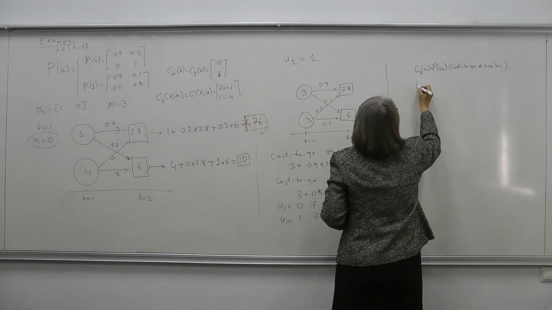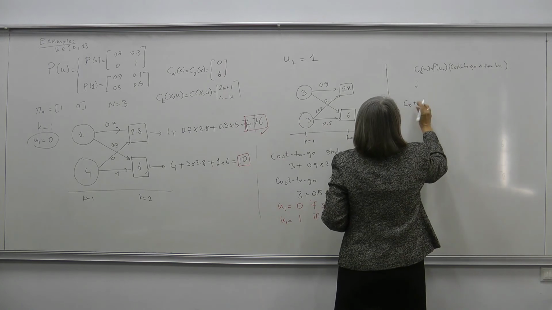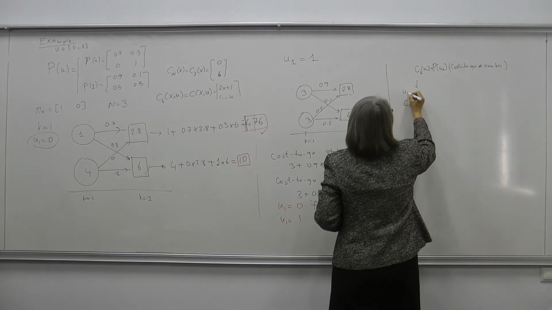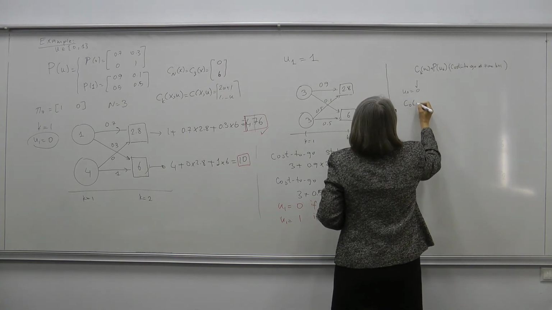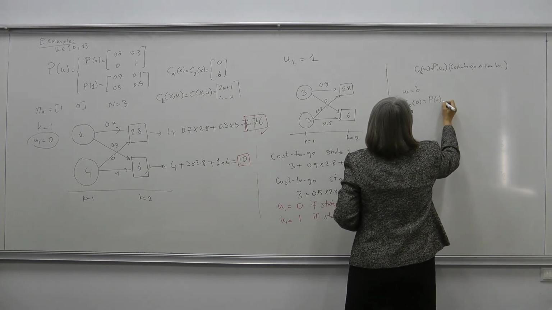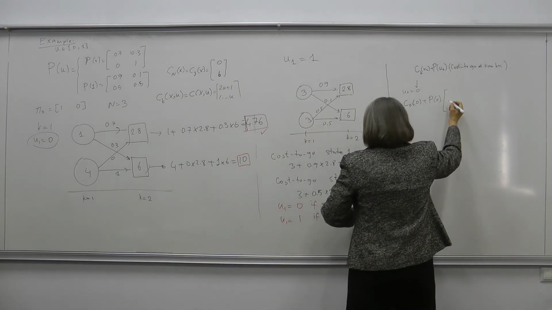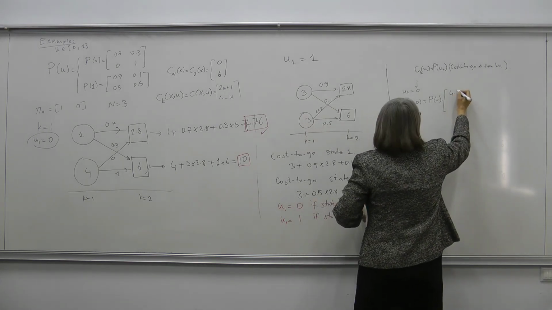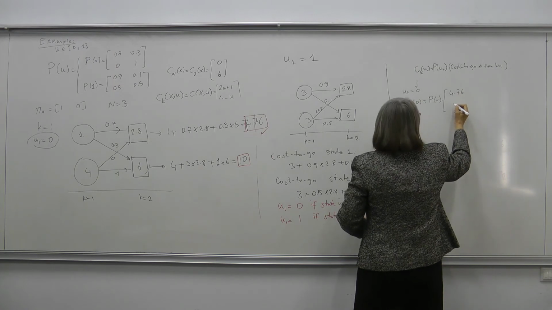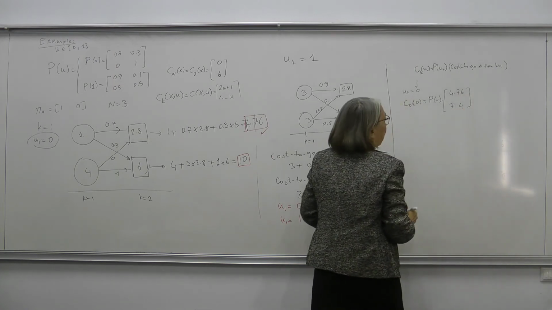And for the last one, I will write C0 of 0 plus P of 0 multiplied by the cost to go, which is already obtained as 4.76 and 7.4. I have to calculate that one.